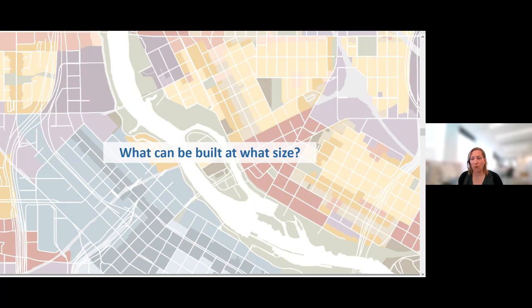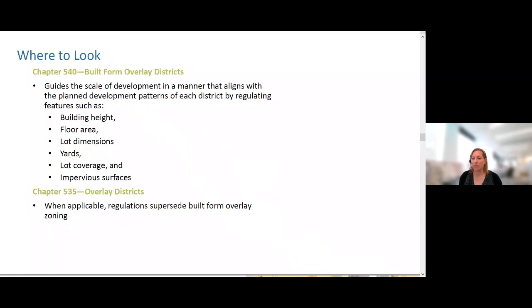Another question that we're going to cover is what can be built on a site at what size? Next slide, please. In answering this question, you'll want to reference the built form regulations in Chapter 540. After the built form rezoning study, there were still some built form regulations located in different parts of the code.